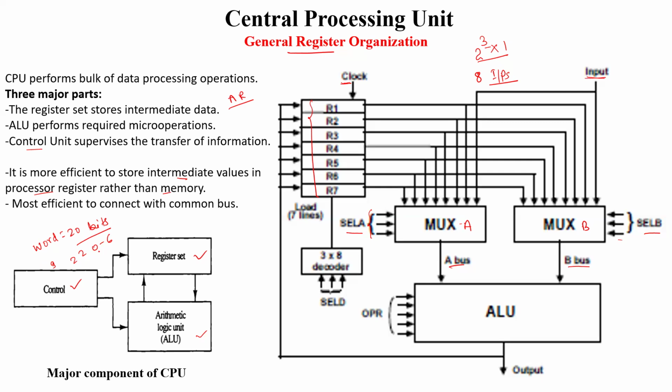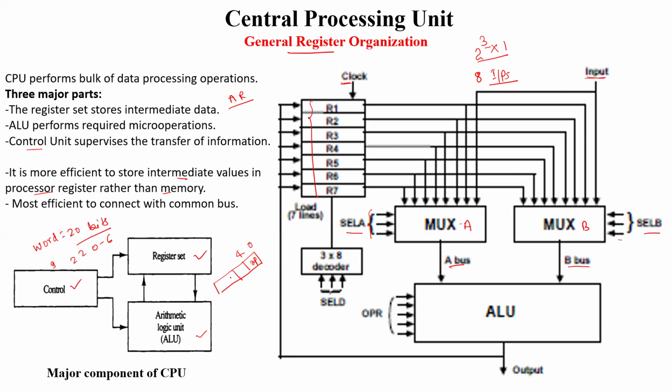Here, in the control unit example, the word size taken is 14. So out of this 14, bits 0 to 4, that is 5 bits, are given for the operation.